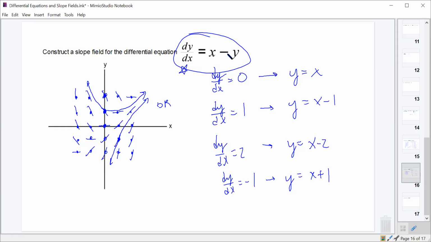Does that make sense? Somewhat, yeah. I think it'll make more sense after we do the second one, but for now, is this good? Everybody good with how we got the slope field and sketched a couple of the different solution curves that go through it?